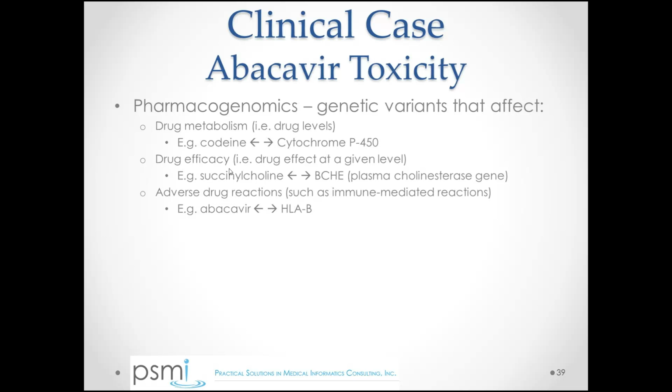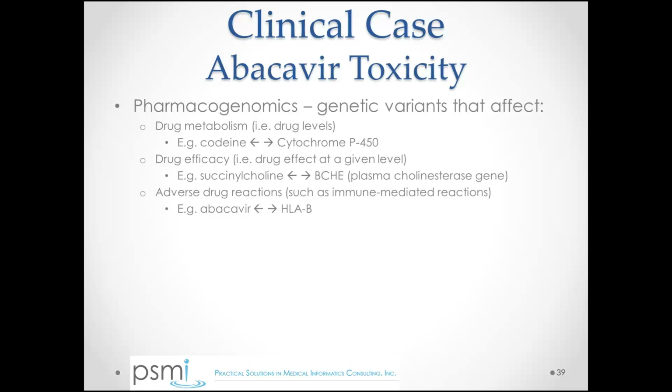Pharmacogenomics can also affect drug efficacy, or in other words, what is the effect of a drug at a given level. So two people can have the exact same level of a drug, but in one person, that drug may be toxic, and in another person, the drug may just be pharmacologic. An example of that might be succinylcholine and the plasma cholinesterase gene.